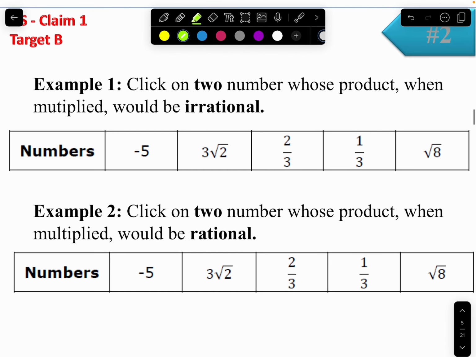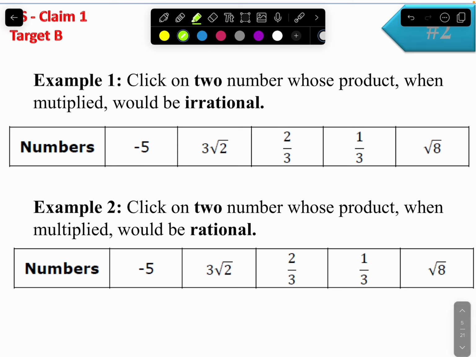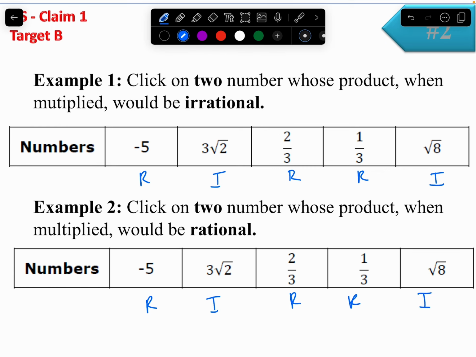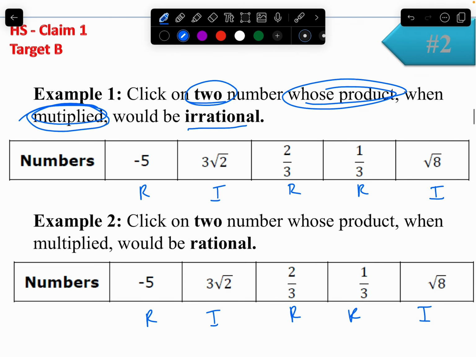Okay, next, these are the same numbers, so I'm just going to rewrite everything here. Rational, irrational, rational. Okay. So we got two numbers whose product, so it says product is multiplication, would be irrational.